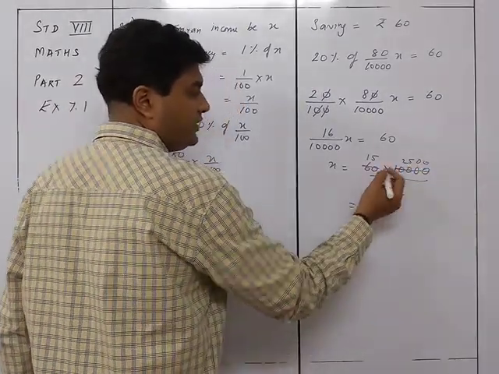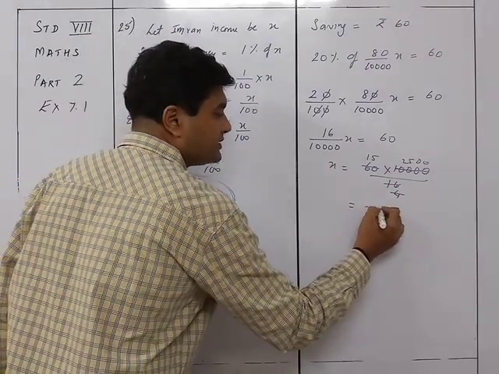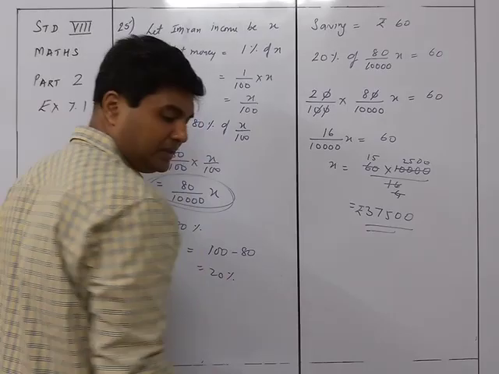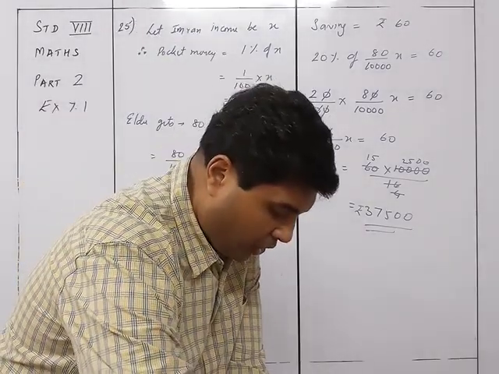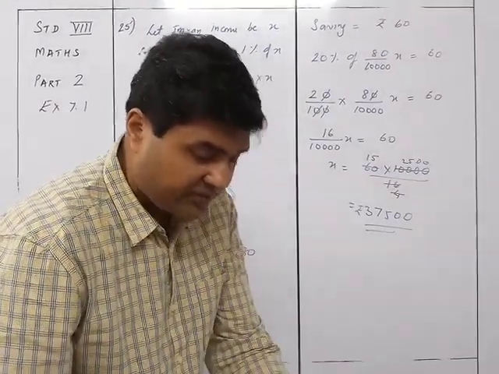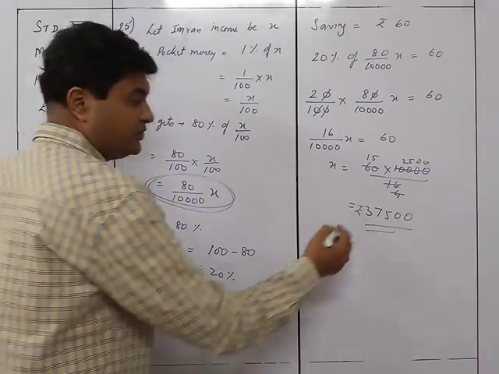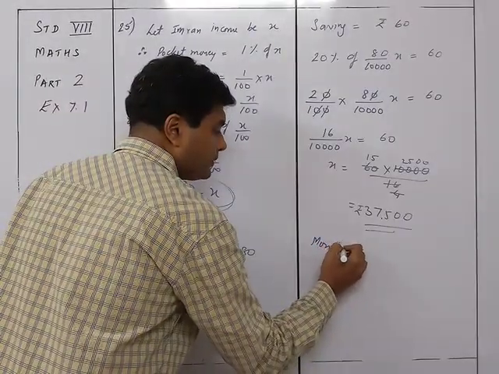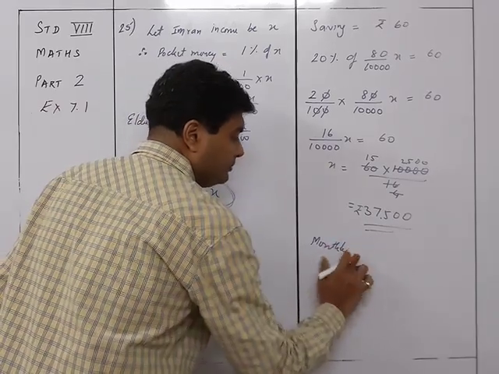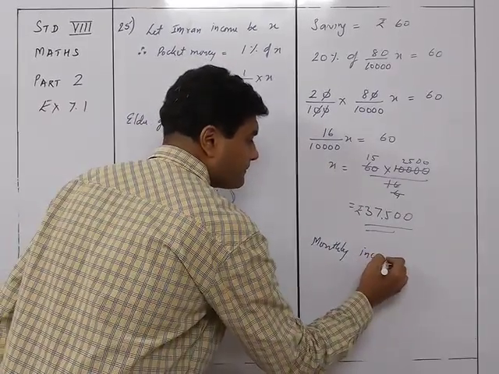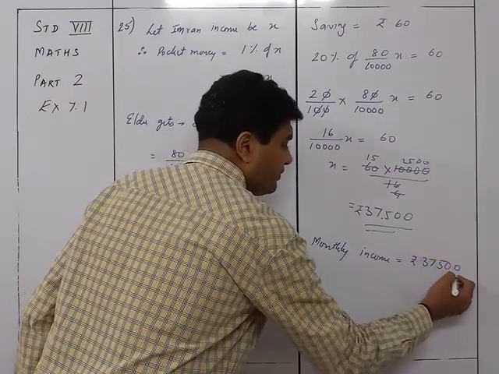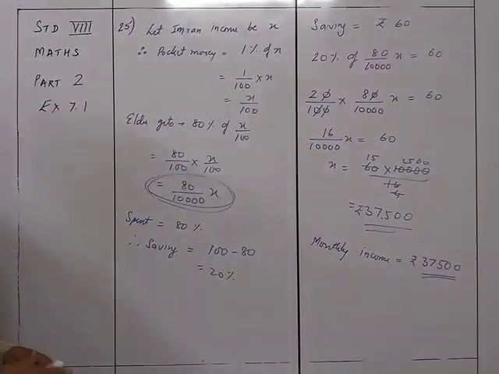So this is 15 into 25, it's 37,500. So that is the monthly income of Imran, 37,500. So monthly salary income is equals to rupees 37,500. Did you understand this thing?